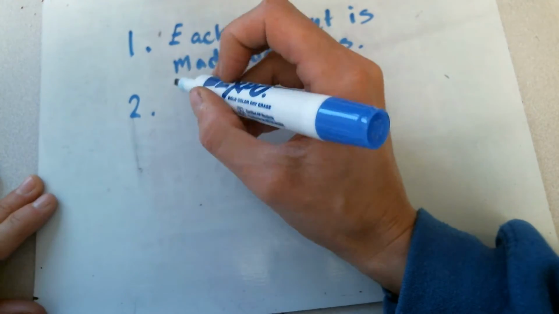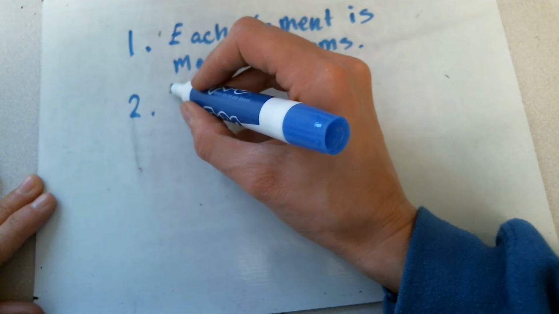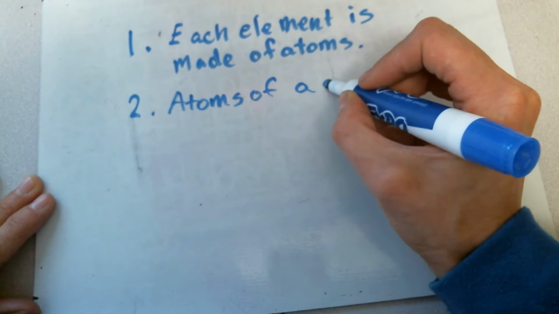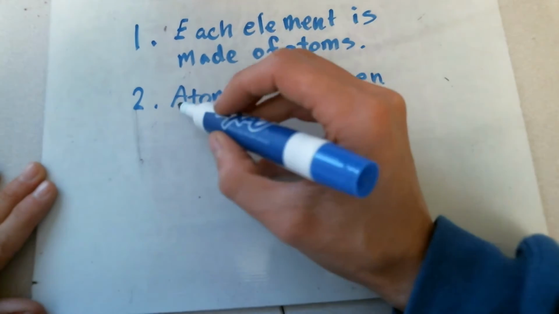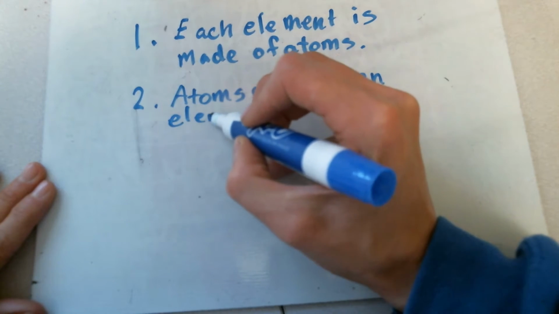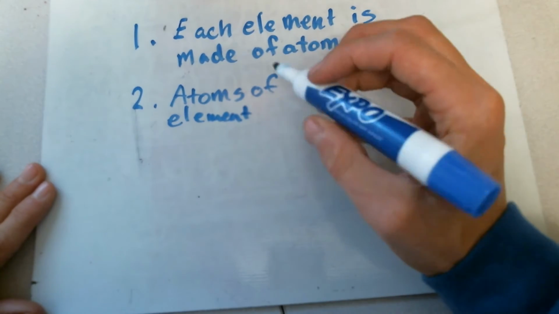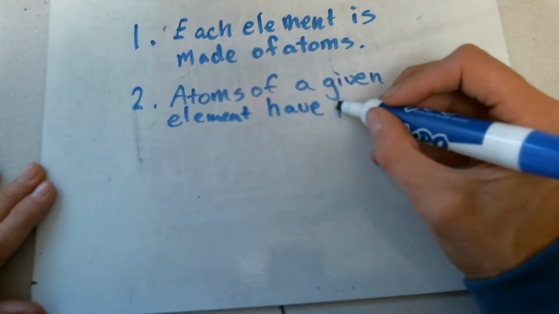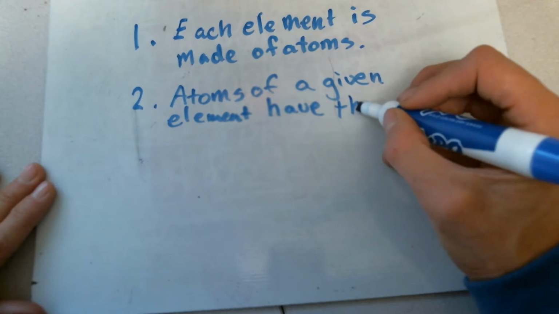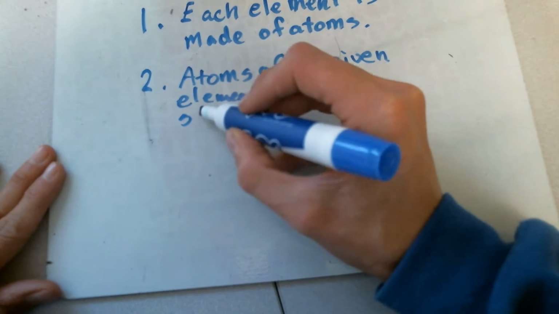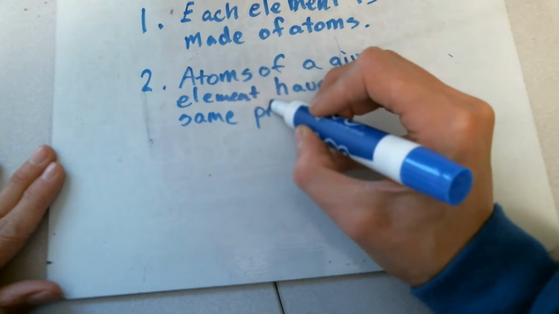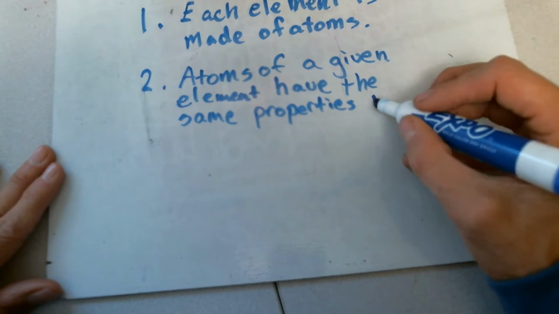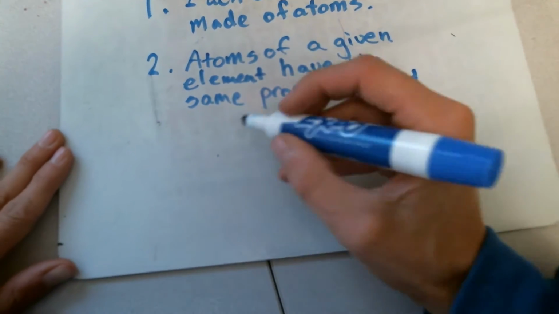So we're going to say that atoms of a given element have the same properties that make them different from other elements.